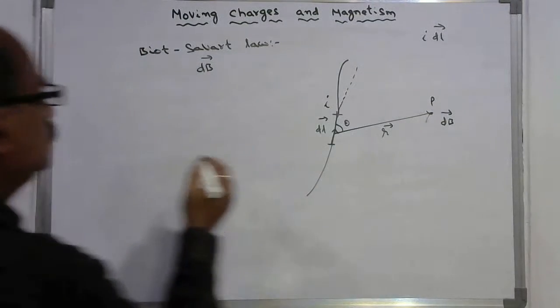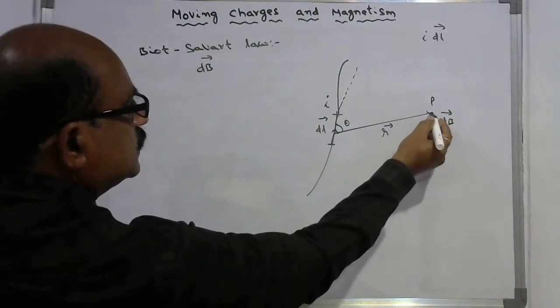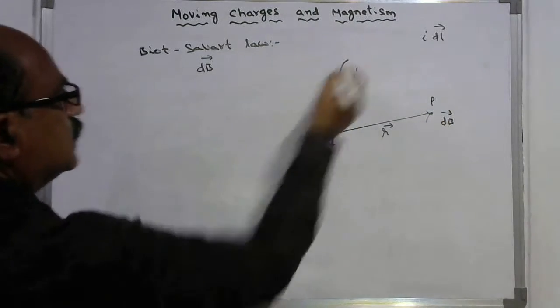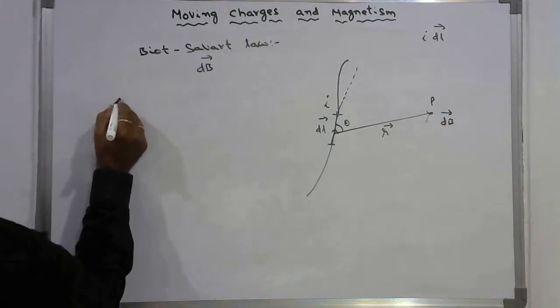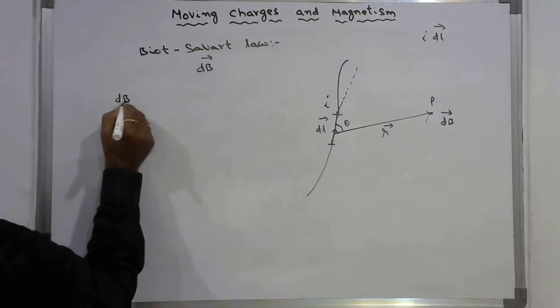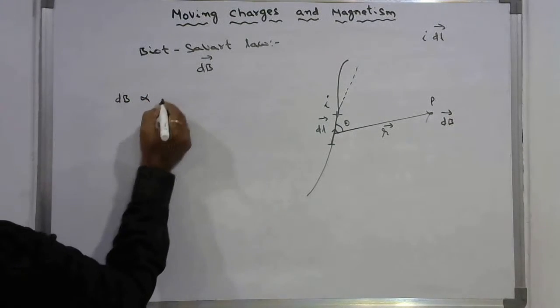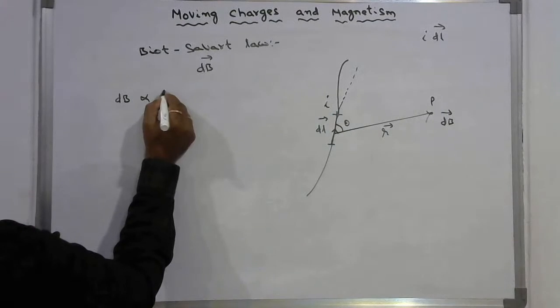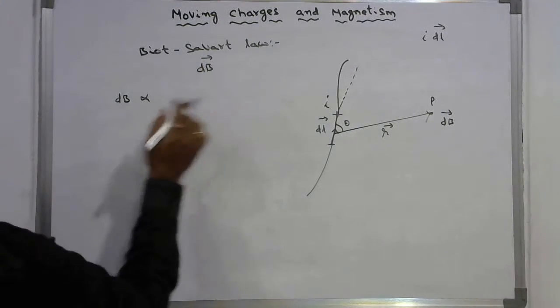So now, the magnetic field at this point due to a current carrying conductor can be written as: dB is proportional to I dl. I write here simply dl.